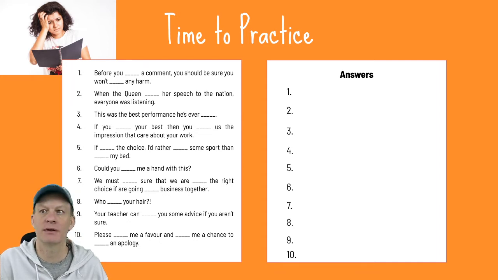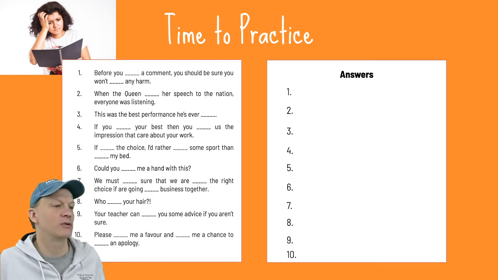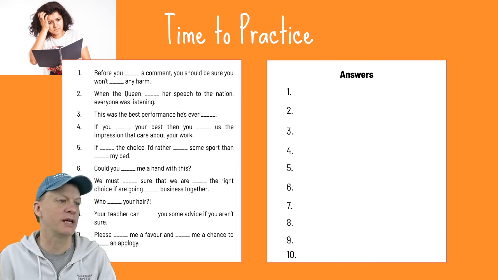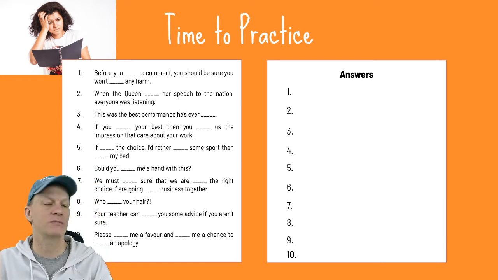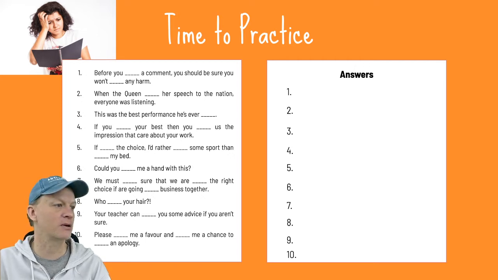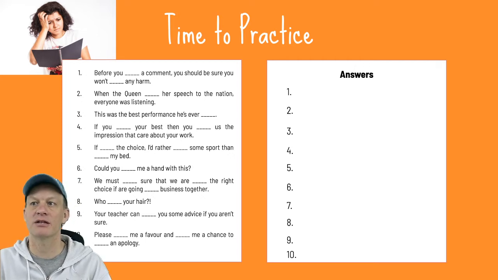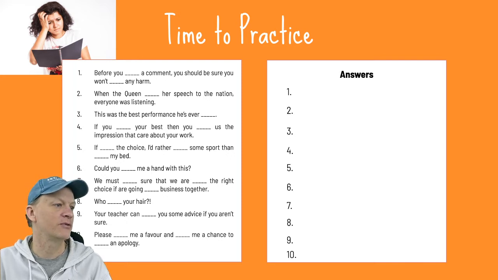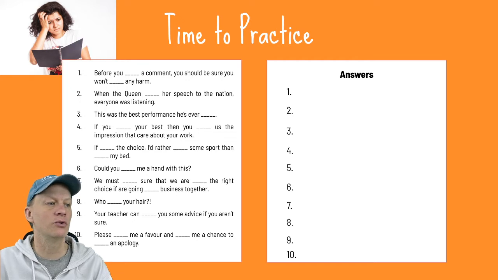Enrique says give and make. Before you give a comment, you should be sure you won't make any harm. No, Enrique, no. So the first one is make, as Barbara mentioned. And Barbara says make and make. So before you make a comment, you should be sure you won't do any harm.